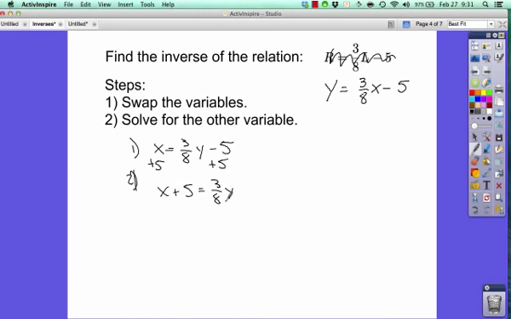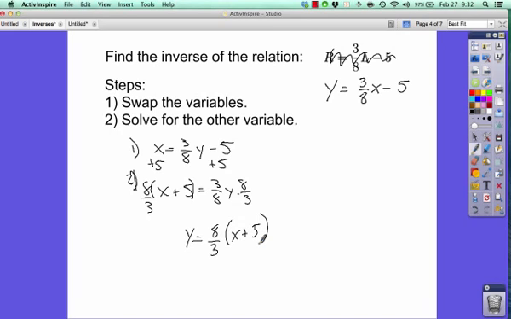Now what do we do? Multiply by the reciprocal, 8 over 3, on both sides. And we're left with y equals 8/3 times the quantity x plus 5. So the inverse of y equals 3/8 x minus 5 is y equals 8/3 times the quantity x plus 5.